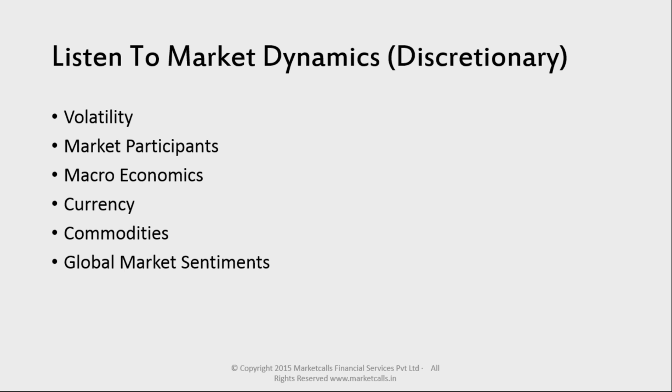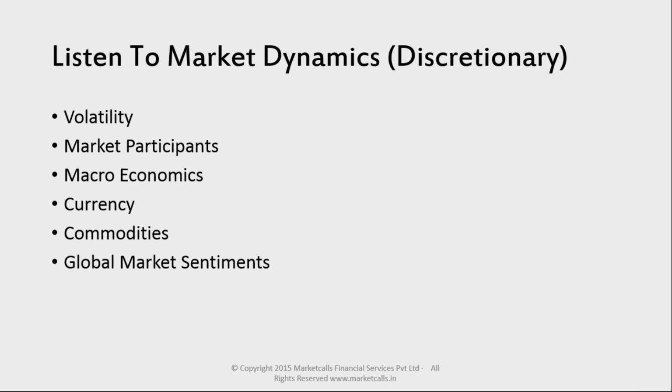Just by following the rules, you may not get the right edge, but by looking into certain external factors and applying filters which make sense, a filter which makes sense is definitely going to cut off most of your bad trades, right? And it will allow your good trades to continue.